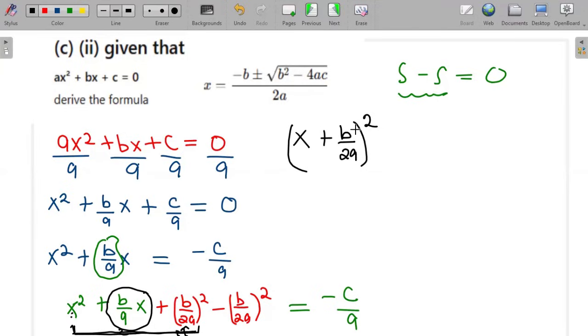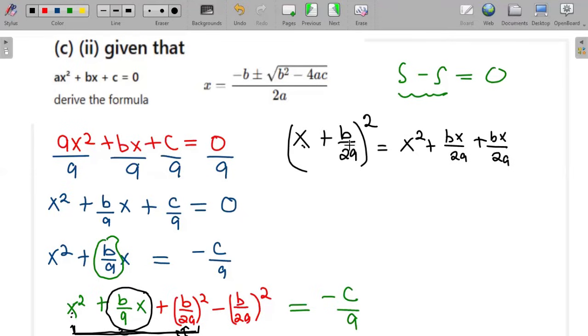If you want, I can show you. If we try to expand this, x multiplied by x, I get x squared. x multiplied by b over 2a, I get bx over 2a, that is plus. And then b over 2a multiplied by x, I get another bx over 2a.